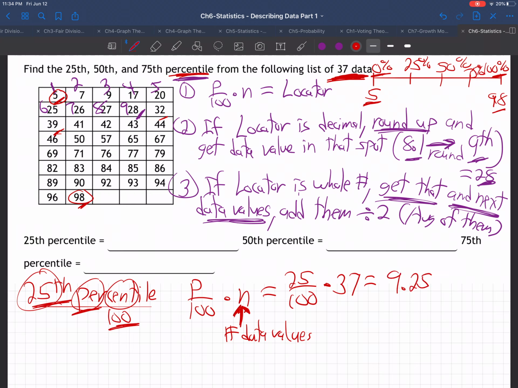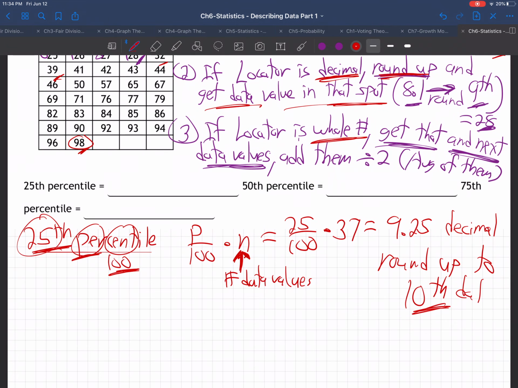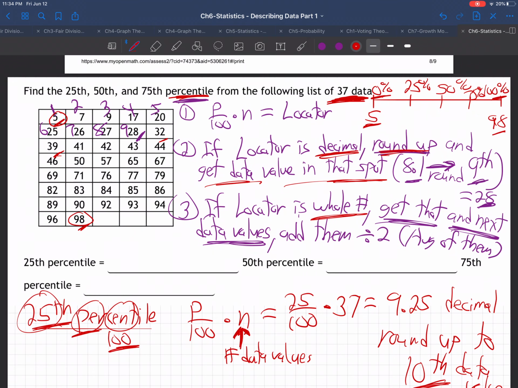9.25. So the question is, do we get a decimal or a whole number? This is a decimal. What do you do with decimals? Round them up to 10, so it's the 10th data value. So what's the 10th data value? Well, 9, 10.